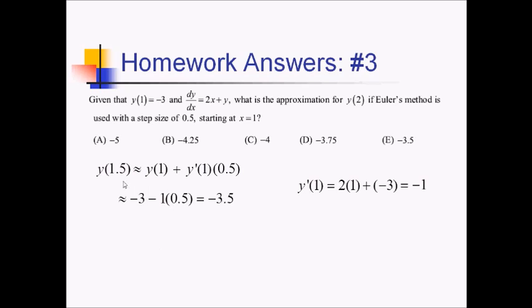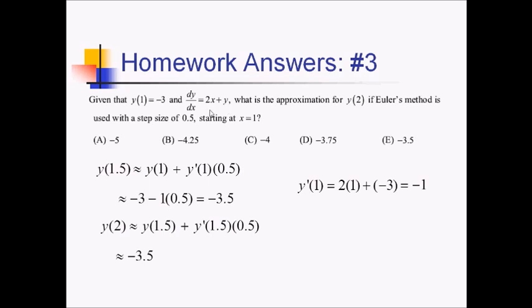Now we're going to use that to find y of 2. Y of 2 is going to be this estimated y of 1.5 that we just found, plus y prime of 1.5 times our step size of 0.5. So y of 1.5, we just figured out that's approximately negative 3.5. So this is an approximately equals. Plus, well, now we need the derivative at 1.5. So for this, I'm going to be plugging the x value 1.5 and the y value negative 3.5 into my differential equation.